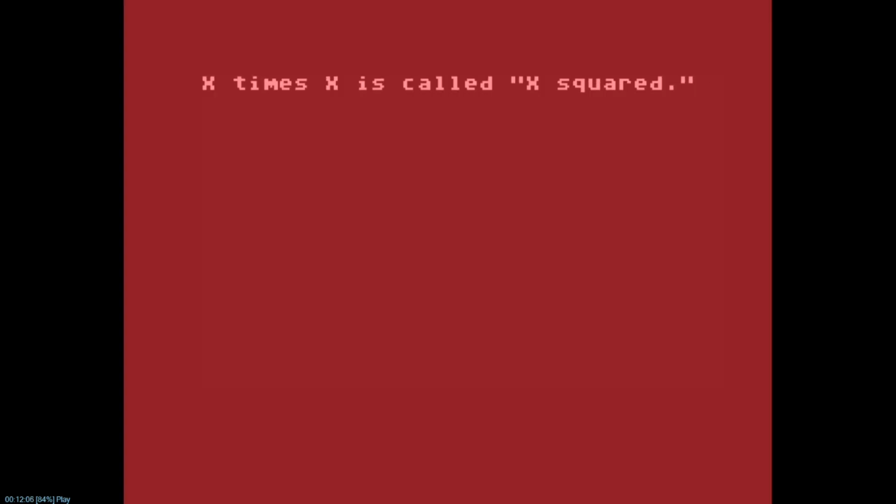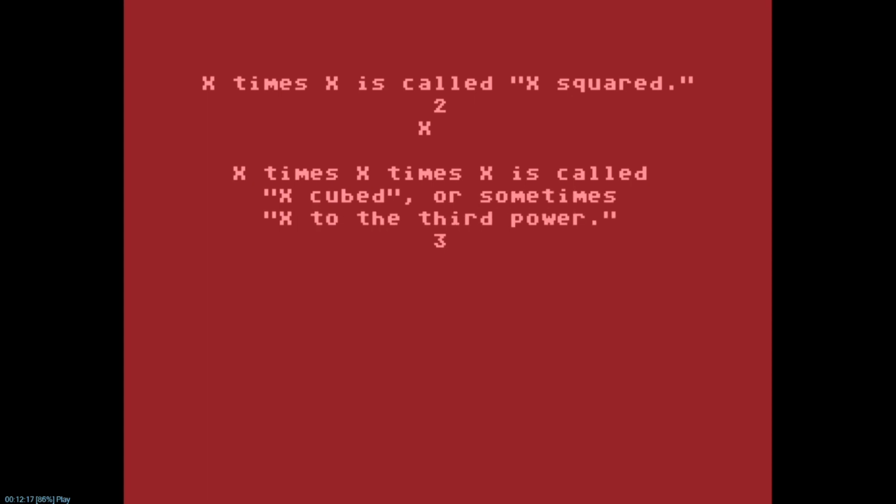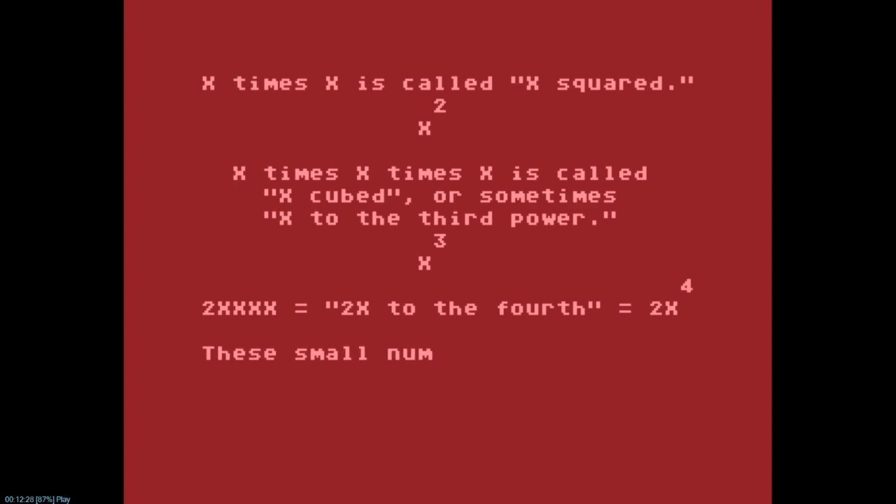Thus, x times x is called x squared and is written like this. X times x times x is called x cubed, or sometimes x to the third power. In algebraic terms, it would be awkward to write 2xxxx, so we say 2x to the fourth power, or 2x to the fourth. These small numbers at the upper right are called exponents.